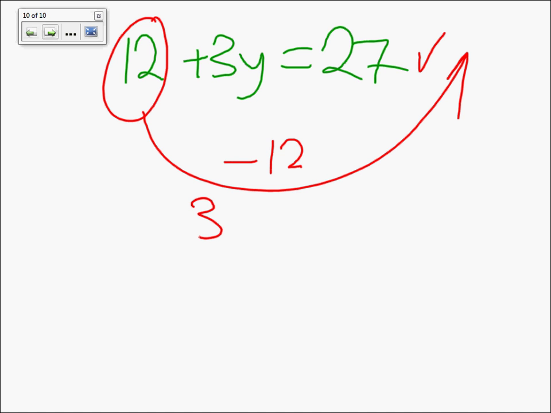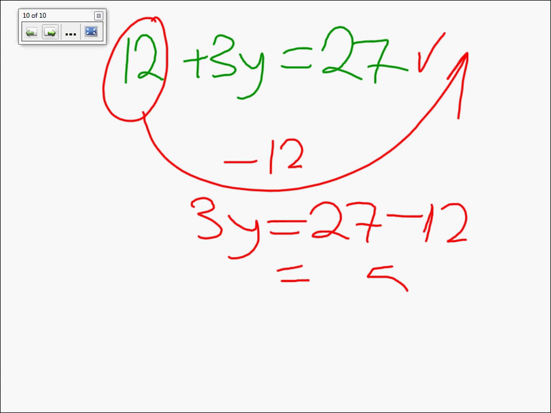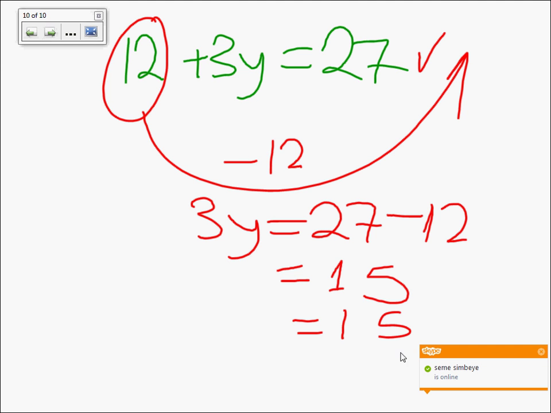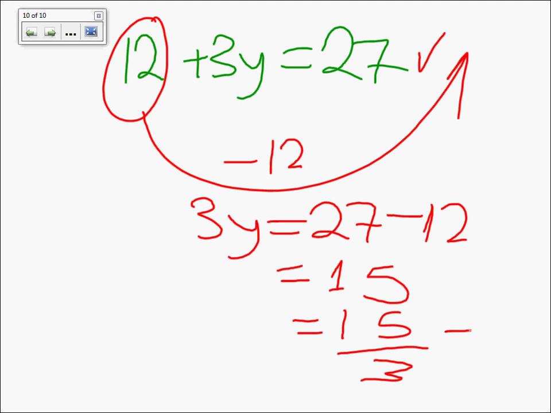So what you have now is 3y. Remember the previous lesson? 27 minus 12 gives 15. So once you have that, you divide throughout by 3, and you are going to have your answer as 5. y is 5.